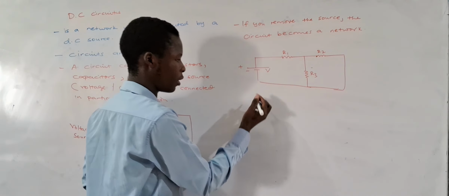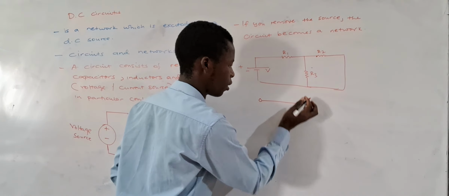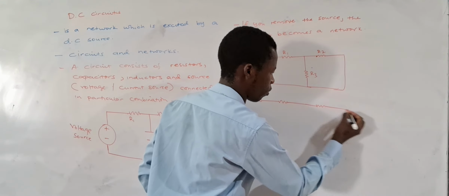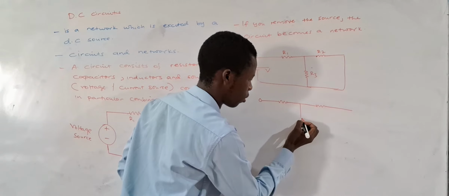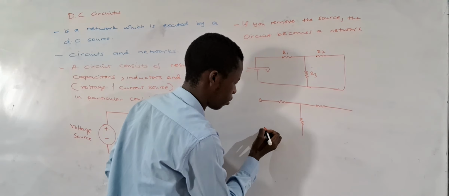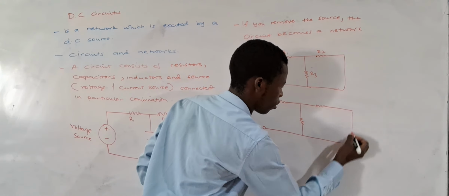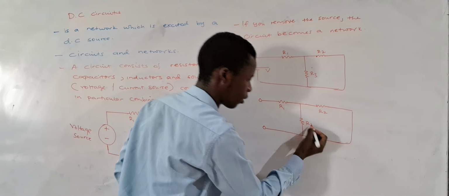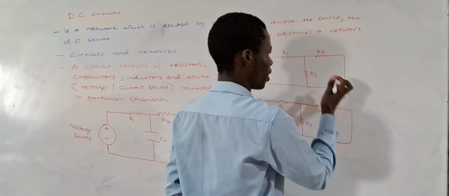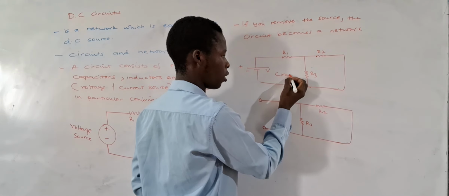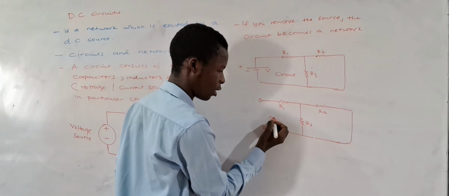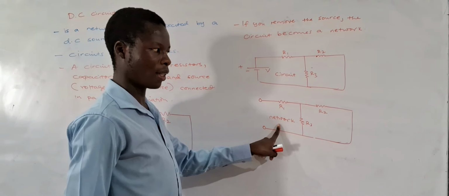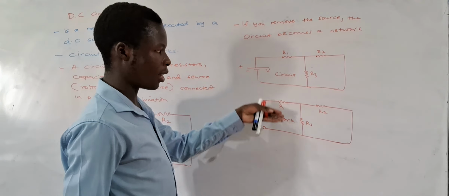So if you remove this, this is R1, R2, R3. So this is a circuit and this is a network. This is a circuit and this is a network. So you can clearly see the difference.